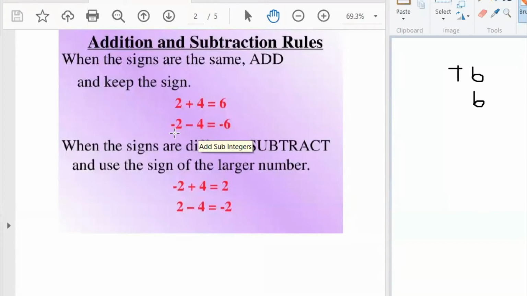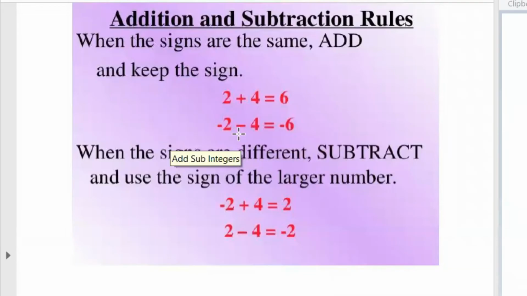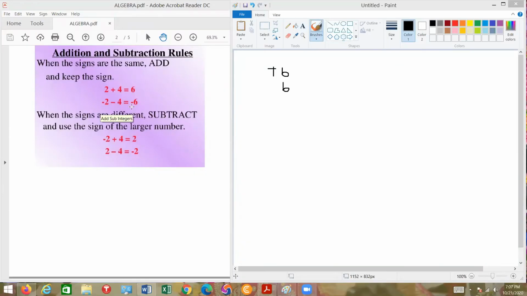Looking at the second example, I have negative 2, negative 4. If you notice, the signs are the same, both negative. So you add as normal, 4 plus 2 gives us 6, and all you have to do is rewrite the sign.